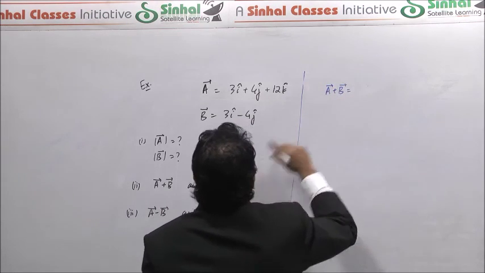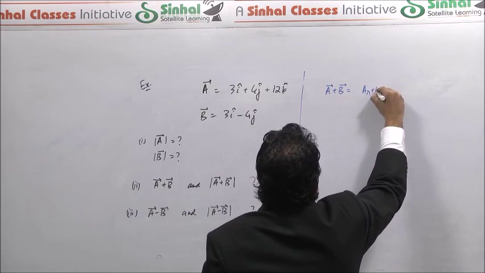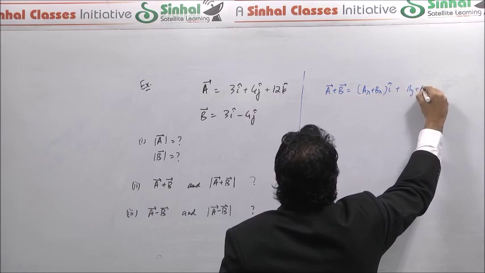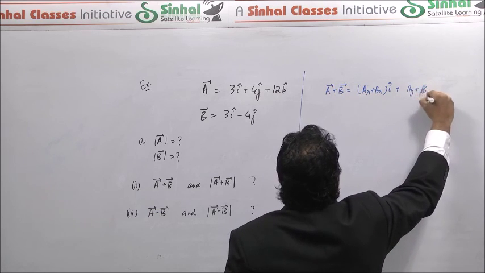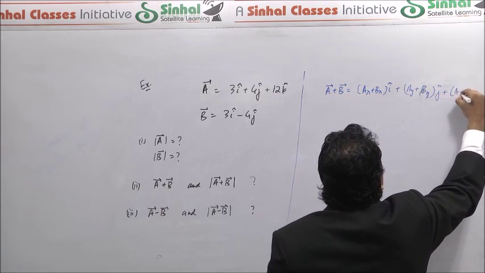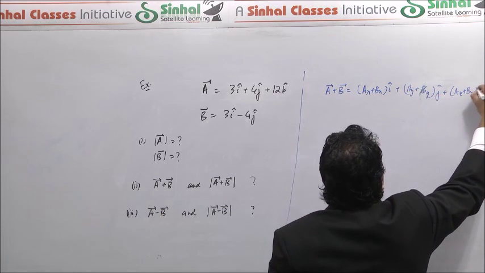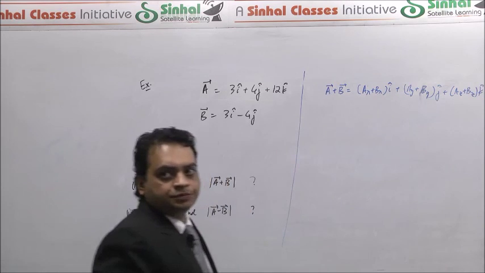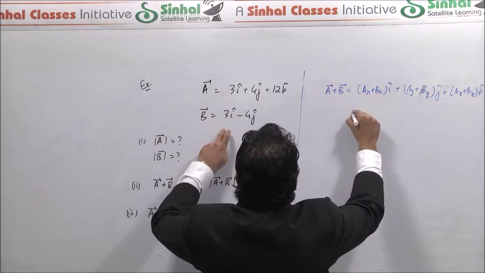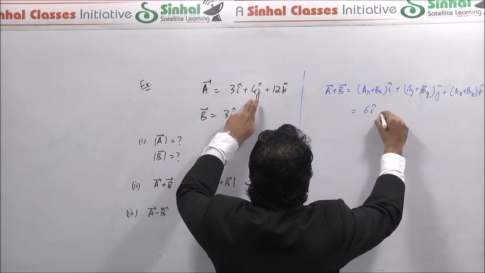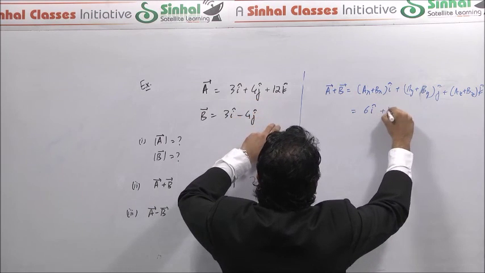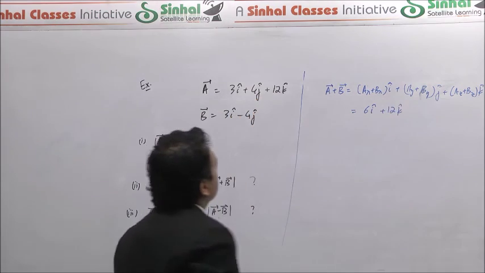A plus B would be ax plus bx, ay plus by, az plus bz. Right, so ax plus bx you can see is 6, ay plus by would be 0, and az plus bz would be 12.